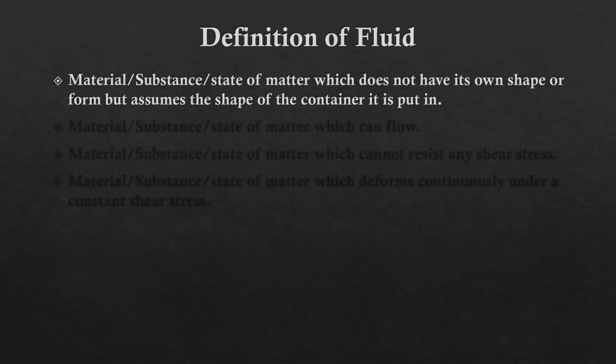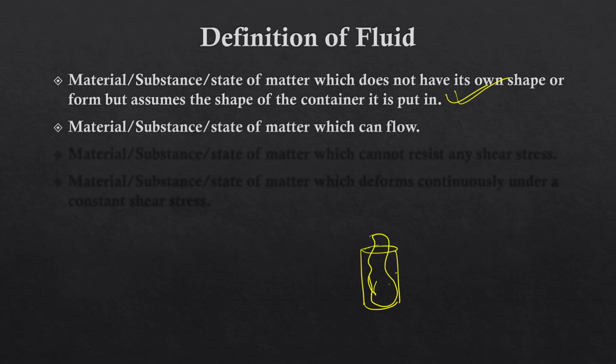But it is not applicable if we do not have gravity. If we have a glass and try to put water in it under a gravitational field when we are on Earth, then it will take the shape of the glass. But if we are in space, then it may not take the shape of the glass and water may simply float around. So it will not be a proper definition or universal definition.